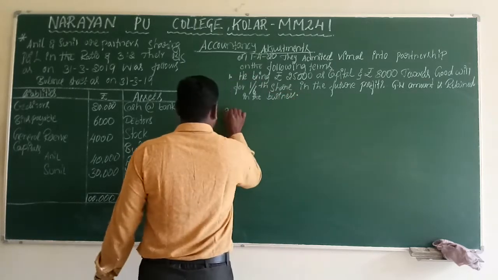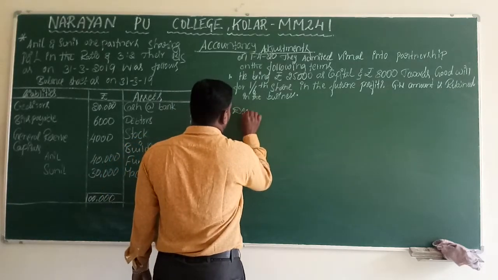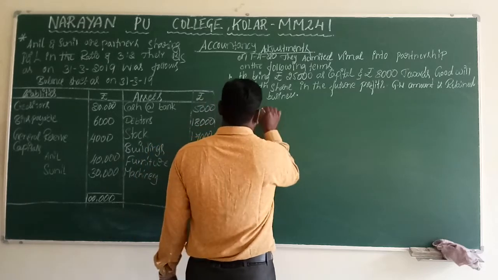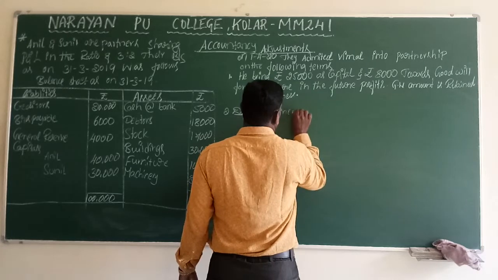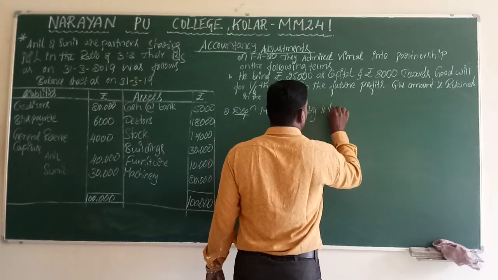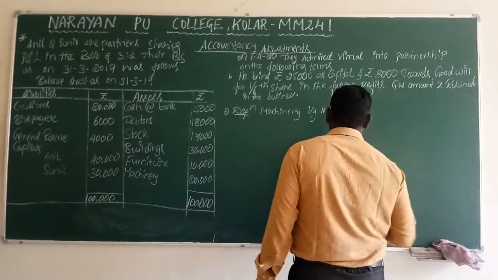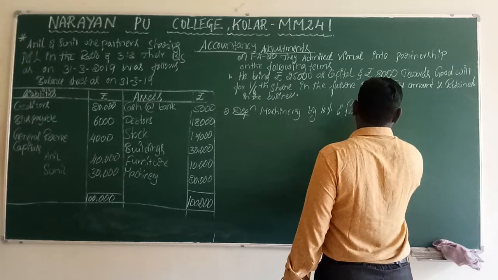Second adjustment. Depreciate machinery by 10% and furniture by 5%.